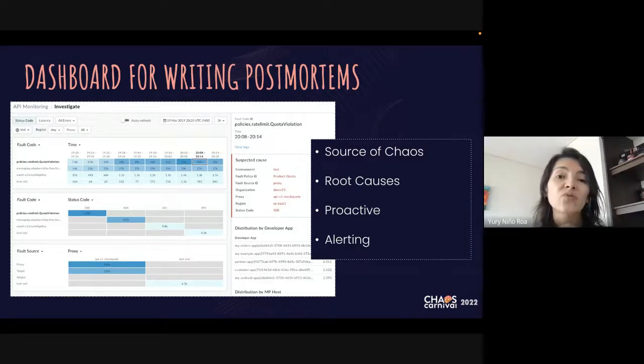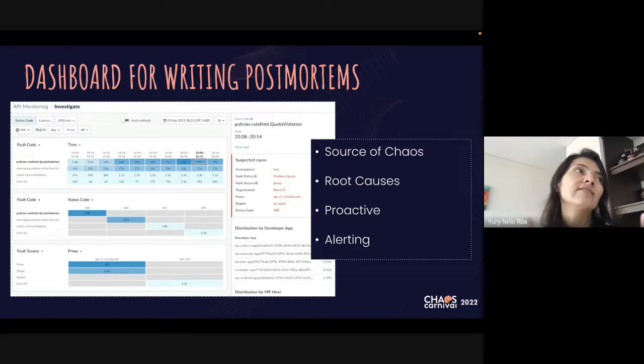For example, when you are writing a postmortem, it's really important to know what happened and investigate what happened with your components. What is the root cause of failure? So it's important to have the source of chaos in order to provide several root causes and to be proactive in the future, considering your learnings about the incident and your actionables.